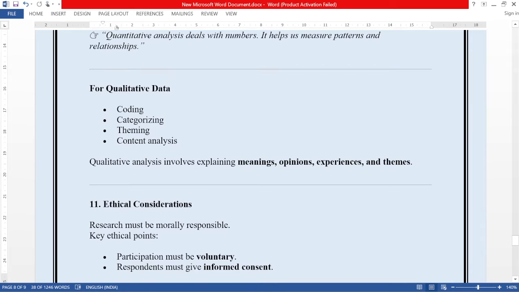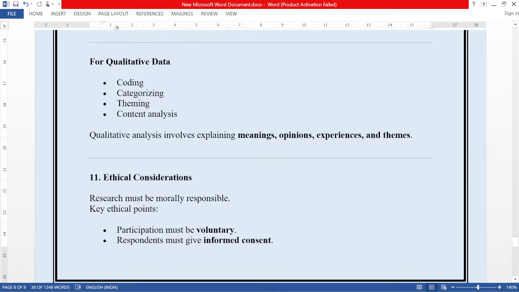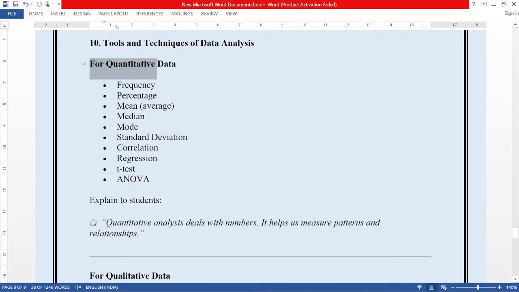Quantitative analysis deals with numbers. It helps us measure patterns and relationships.